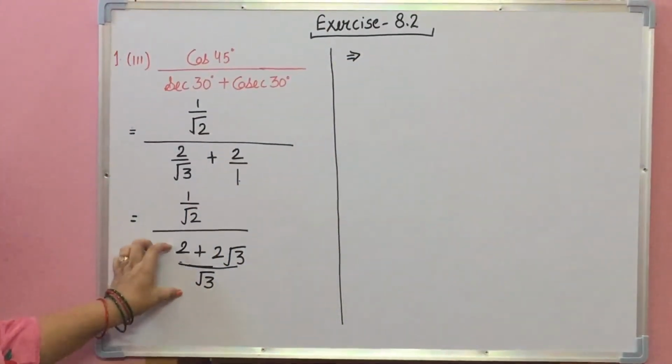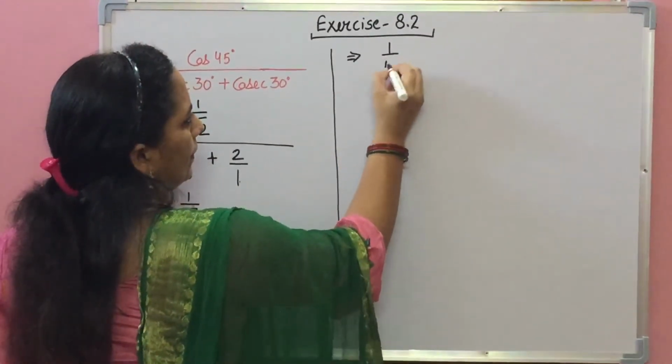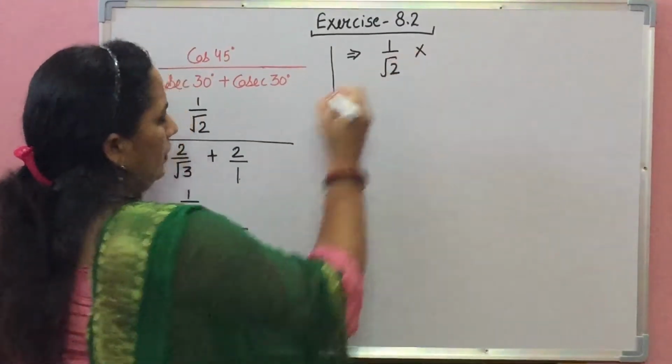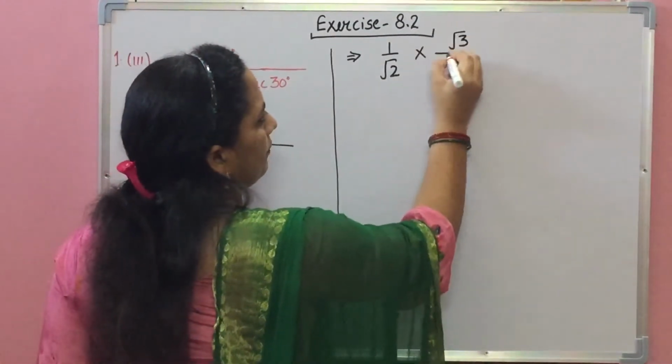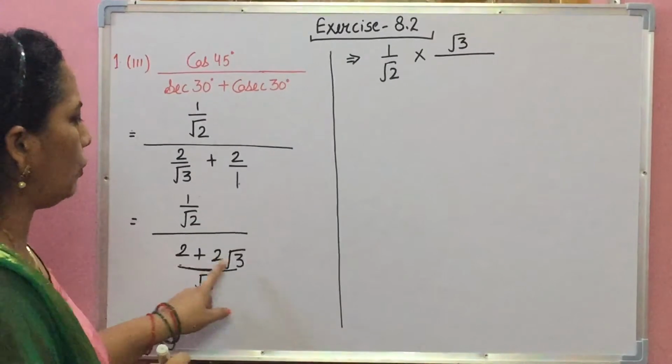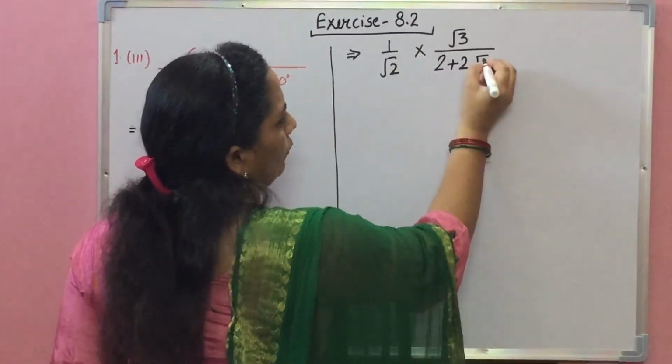Just do the reciprocal of the term of denominator. So we have square root of 3 and 2 plus 2 square root of 3.